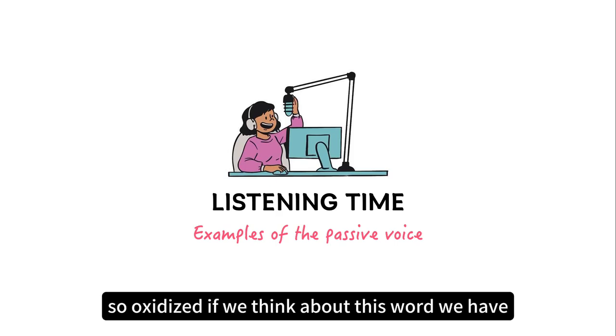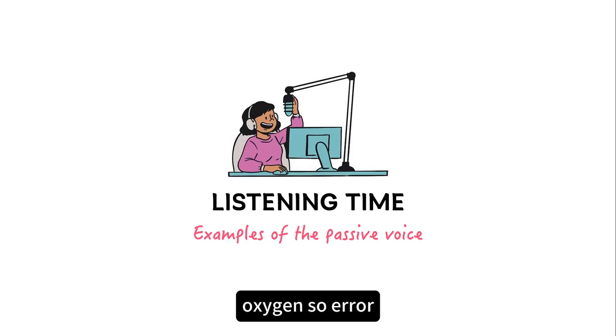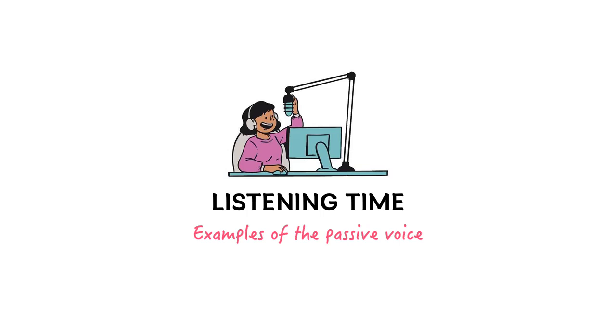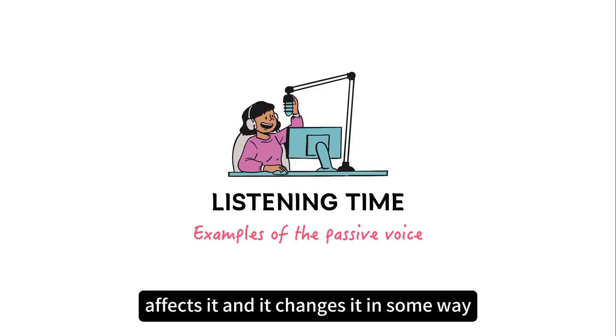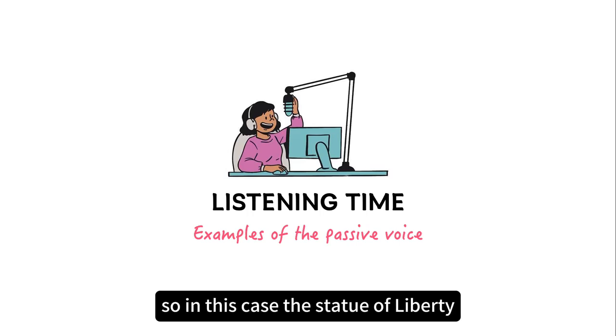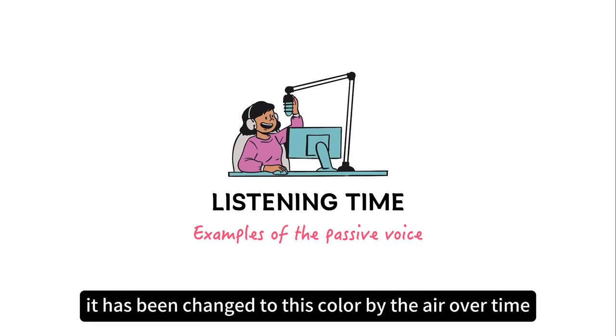So oxidized, if we think about this word, we have ox at the beginning, which is something to do with oxygen, so air. So if something oxidizes, the oxygen affects it and it changes it in some way. So in this case, the Statue of Liberty, which we all know is green, it has been changed to this colour by the air over time.